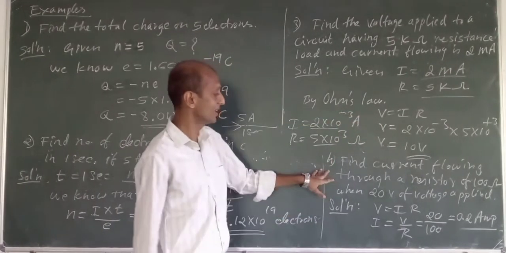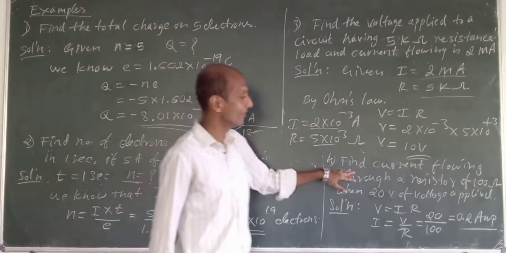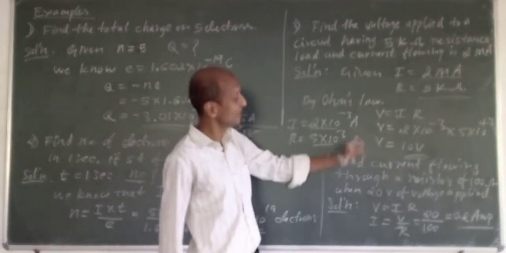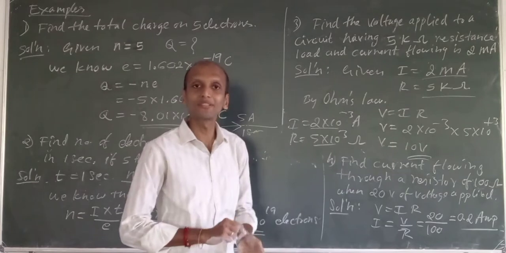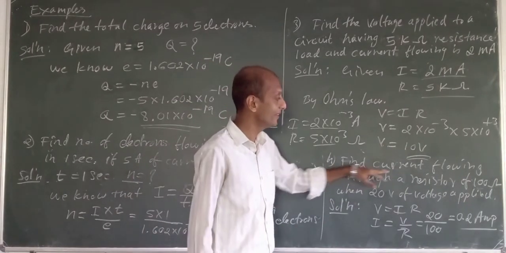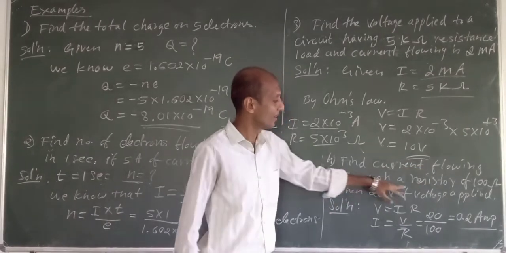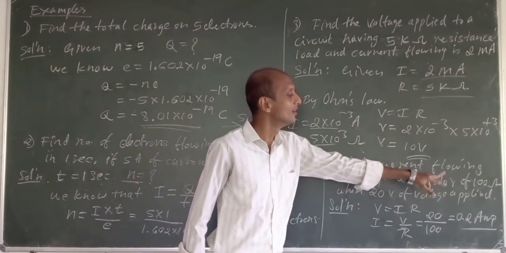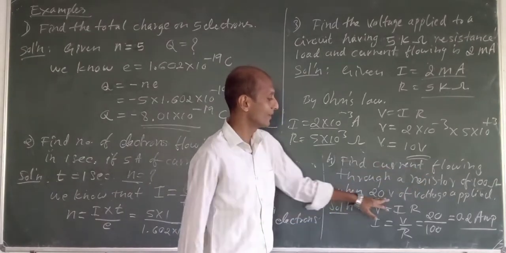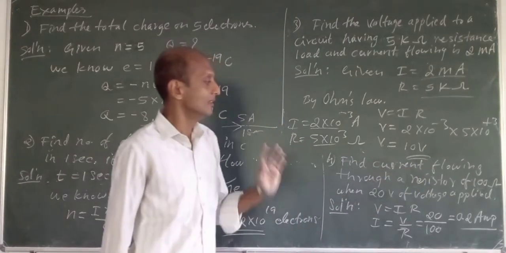Okay, so now we have another question given. Find the current flowing through a resistor. Here our question was to find the voltage. Now we can shift the question in a different manner so as to calculate the current. Find the current flowing through a resistor of 100 ohms when 20 volts of voltage is applied.